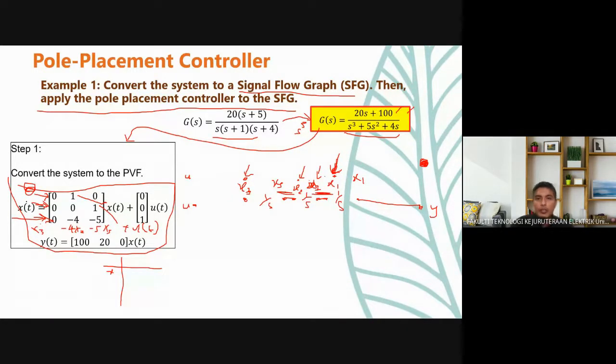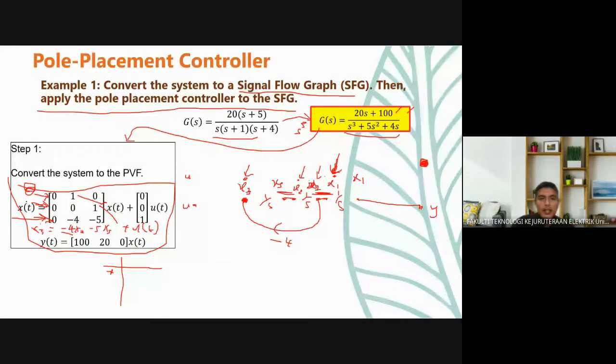So this is your location of the x3 dot. The x3 dot comes from negative 4 x2, so this is the location for x2, negative 4.